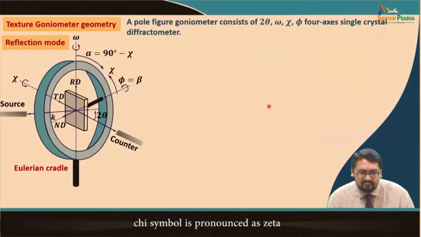So, you see that this kind of alpha-beta rotation is done using a texture goniometer with a certain geometry.